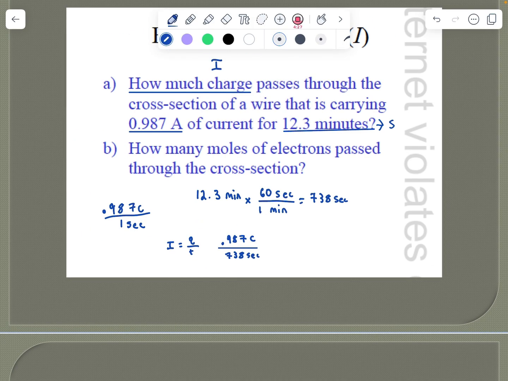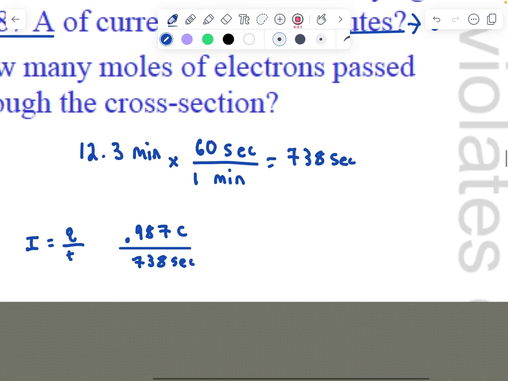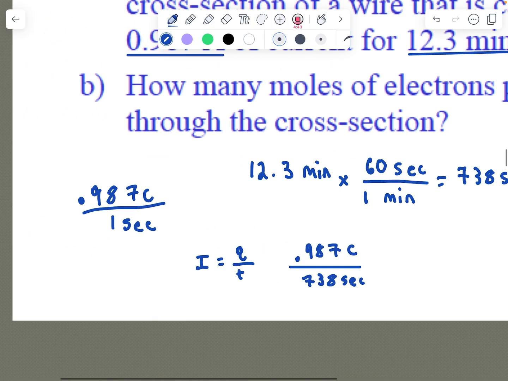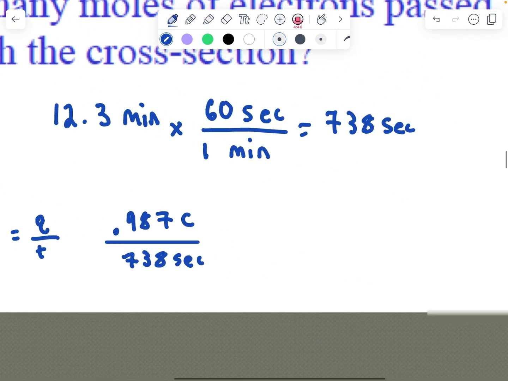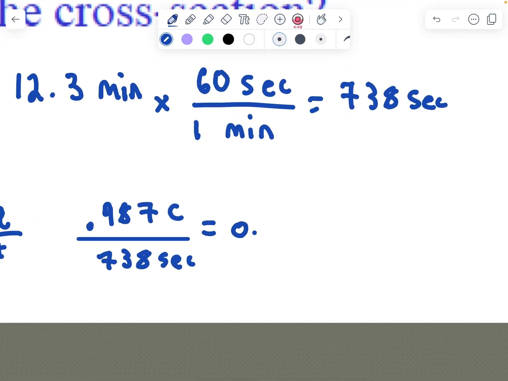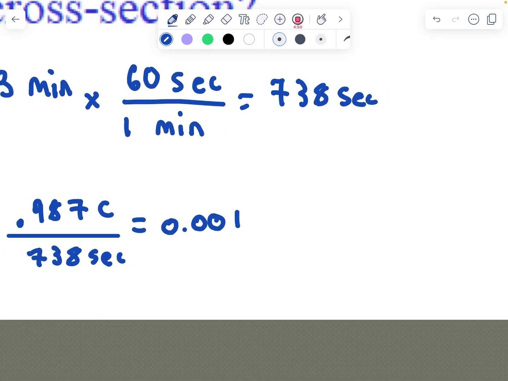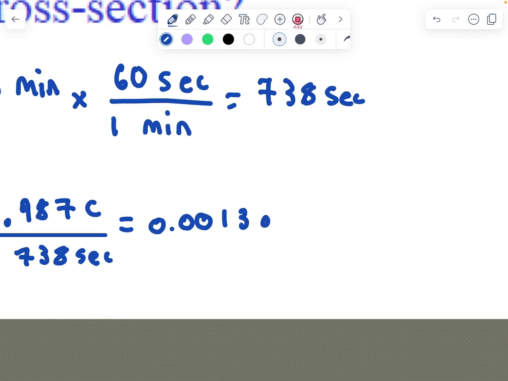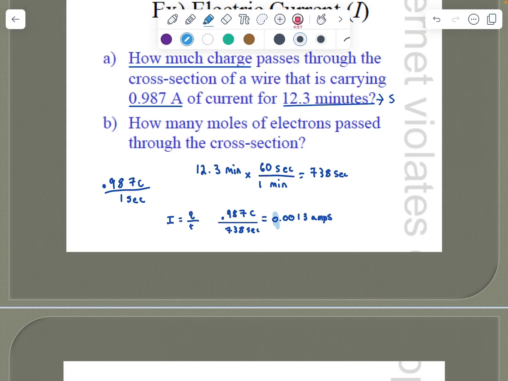So 0.987 divided by 738 is equal to 0.0013 amps, right.